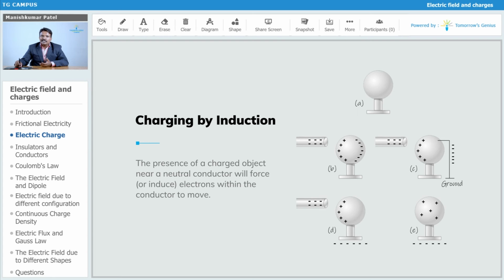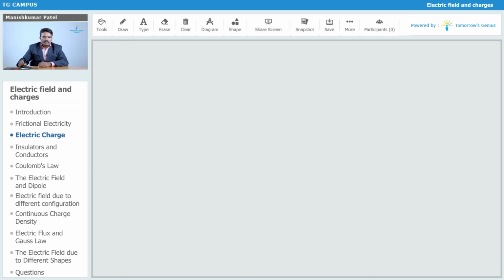So it is going to generate charge within that neutral conductor, and the same thing we call the process of induction. And again if I remove the glass rod away from it, all the charge which has been generated will disappear. So that is all about the induction process.